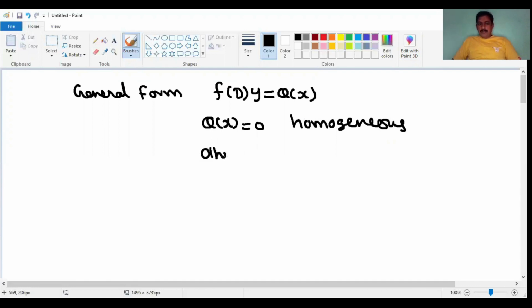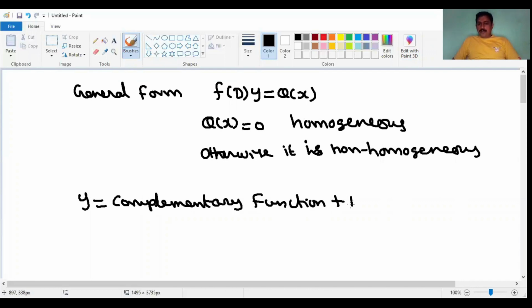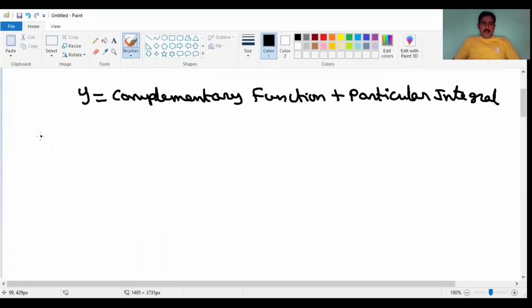Otherwise, it is called non-homogeneous differential equation. The solution of this equation is given by y equal to complementary function plus particular integral.